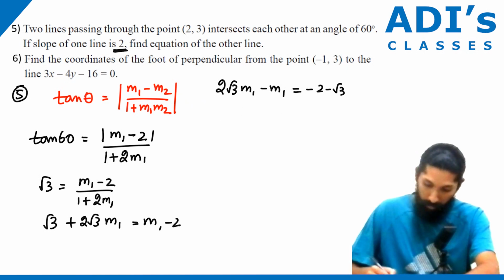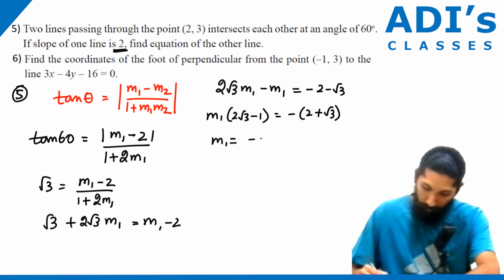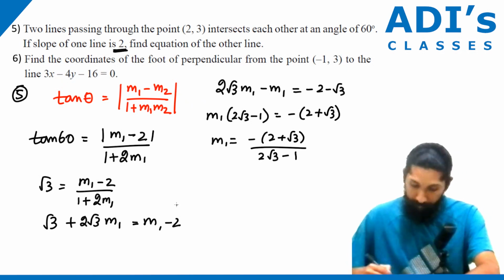Correct? So in this case, m1 into (2 root 3 minus 1) is minus of (2 plus root 3). So m1 becomes minus of (2 plus root 3) divided by (2 root 3 minus 1).